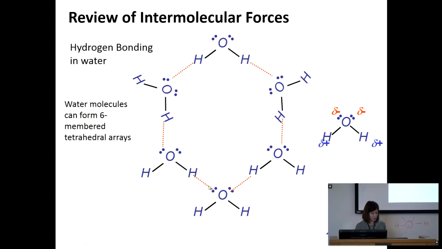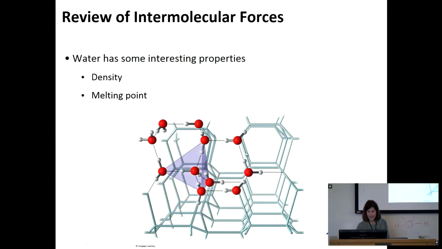And what happens is, remember, when you're a solid, you have the most intermolecular forces you can possibly have. So when you get 4 hydrogen bonds per water molecule, you get this 6-membered ring that looks like this. And it forms our ice crystal. What's in the middle? Nothing. Empty space.